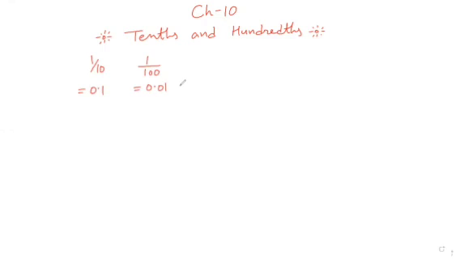Now, why do we need this representation? Actually, when we are handling something, for example, suppose we are measuring any distance in kilometers and they are in some meters and some thousand meters also. For example, suppose I want to represent 2543 meters into kilometers. So how will I do that?